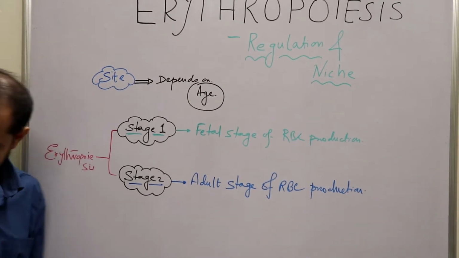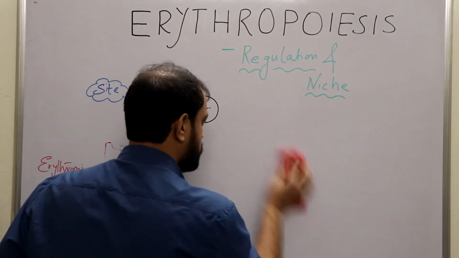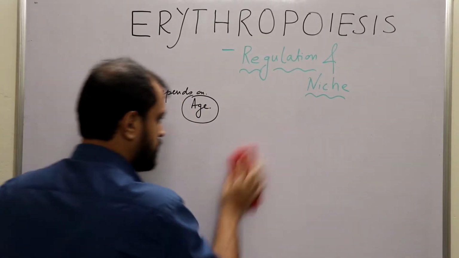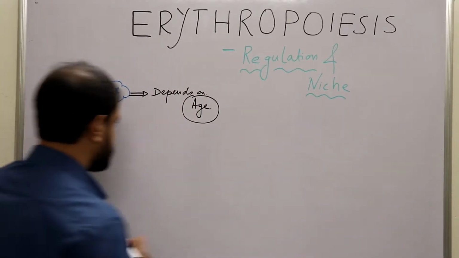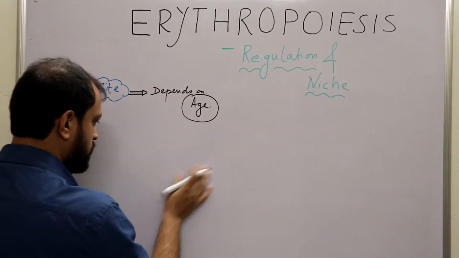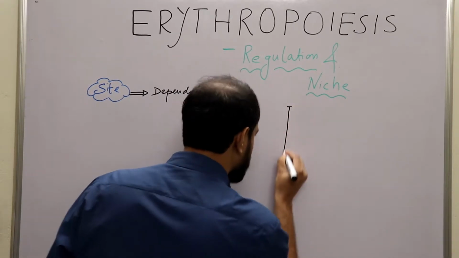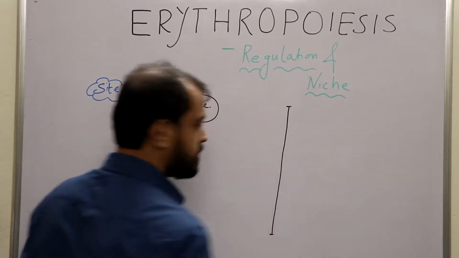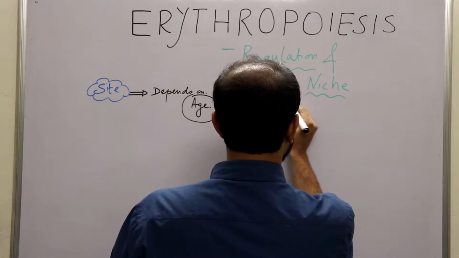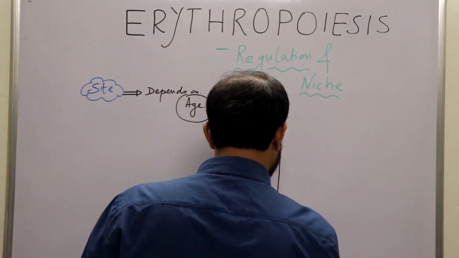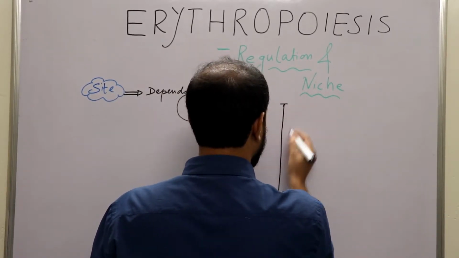Now listen with all your attention possible. When we are talking about the fetal stage of RBC production, you should keep this in mind. A fetus is present in the mother's womb for a total of 9 months.